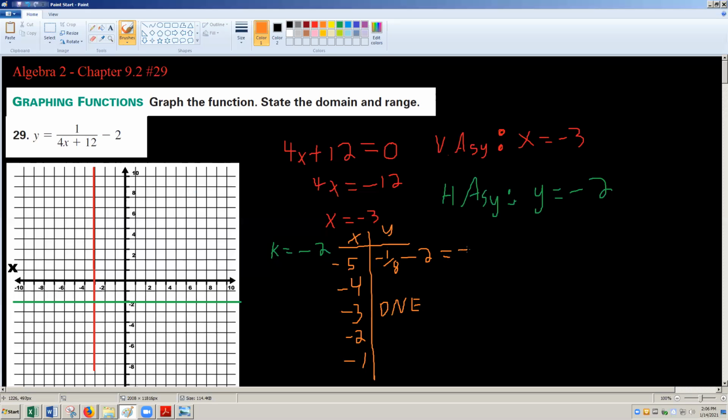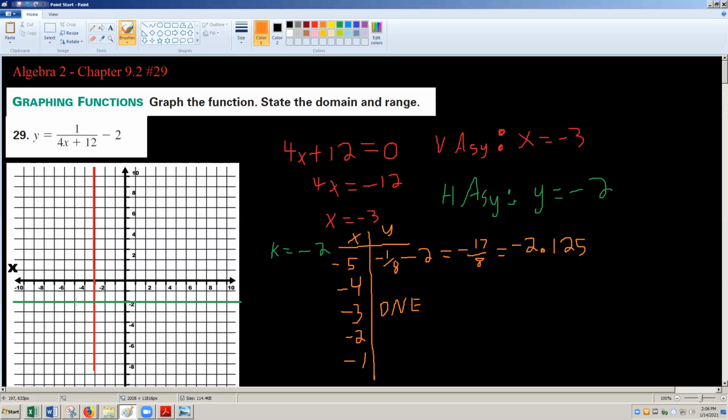That's now going to be negative 17/8, which is the same thing, because it's eighths. It's a nice number. It's not like a non-terminating decimal here. So I'm going to get negative 2.125. And that is my point there.